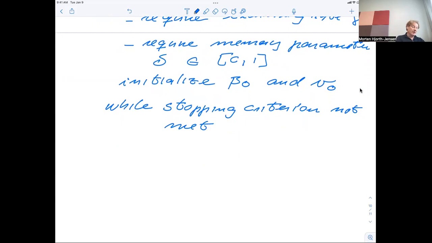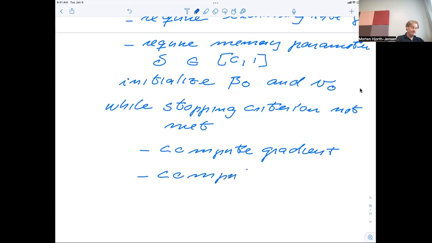then you compute the gradient. I'm just setting up the algorithm in words. Compute the gradient. The next step, when you have computed the gradient, is to compute the velocity update, compute v.